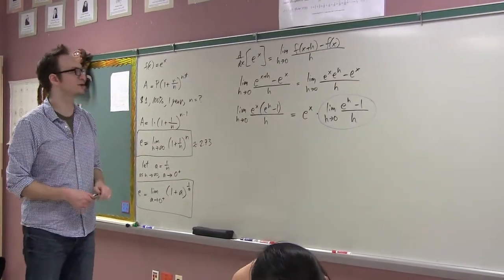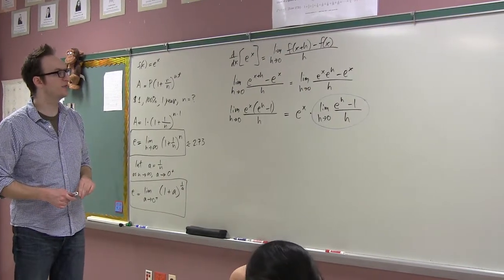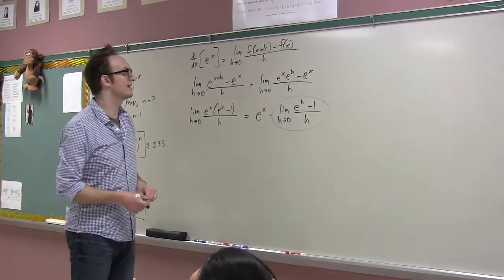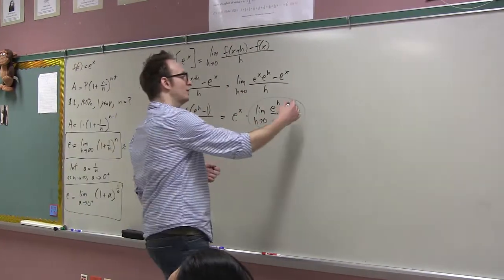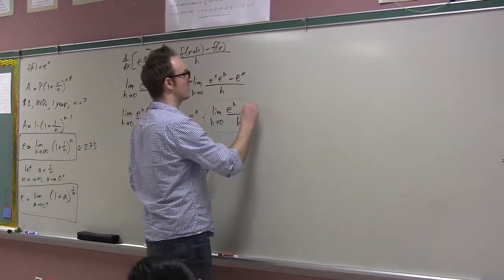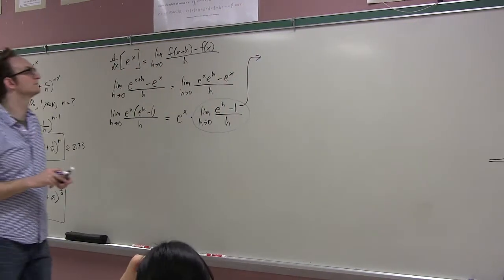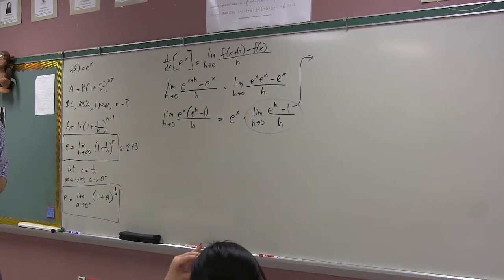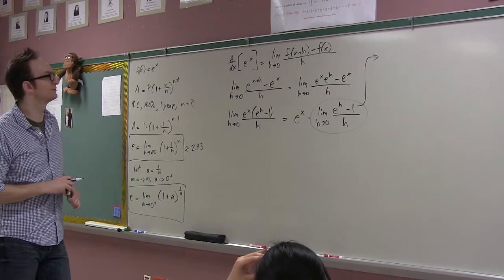It's kind of a little bit tricky. One thing that we can do that's kind of exciting is to take a closer look at this limit and see, does this particular limit remind you of anything? Okay, it reminds me of something. It's actually a derivative.